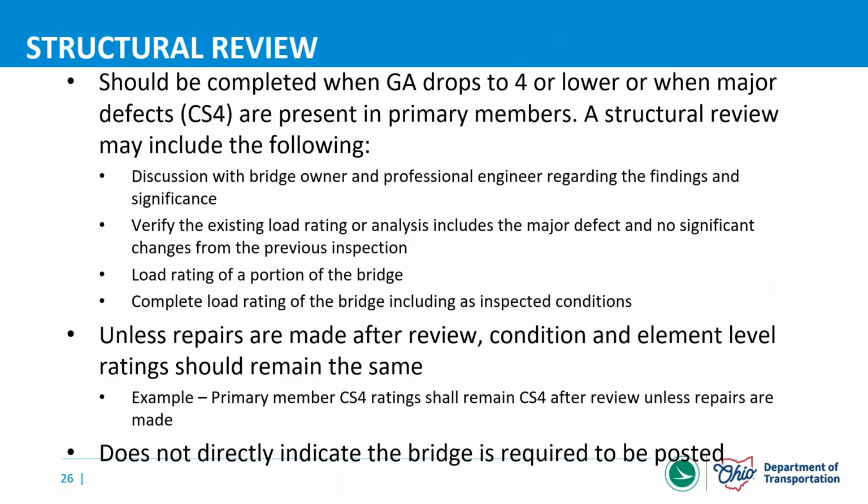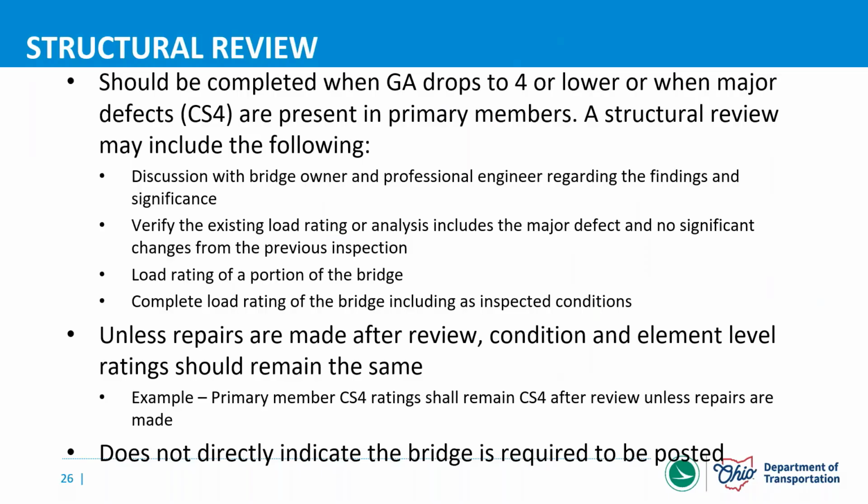Basically, we want to make sure that when you've got CS4 for your primary structural members, or your GA drops to a 4, you at least are checking as to why, to make sure nothing else needs to be done, or repair, replacement, load rating possibly required, etc.